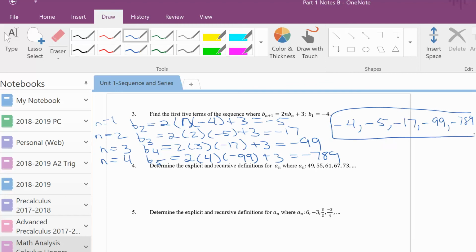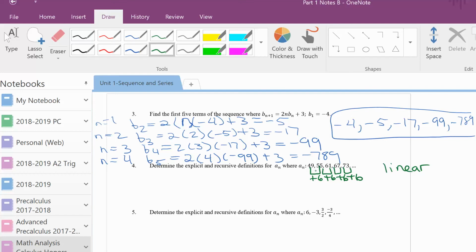Number 4 says determine the explicit and recursive definition. We've talked about in class that for explicit, if you're adding 6, or adding the same number, that 6 is going to be part of it. If you're adding the same term, it's also a linear equation, like y equals mx plus b, so the 6 is the slope.